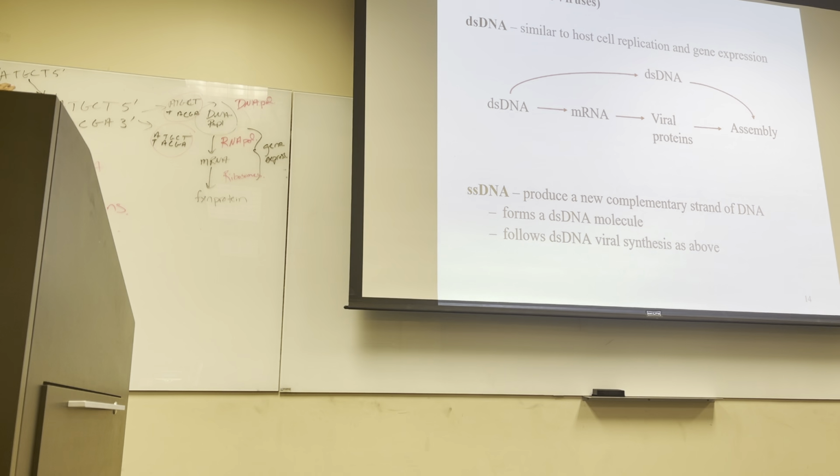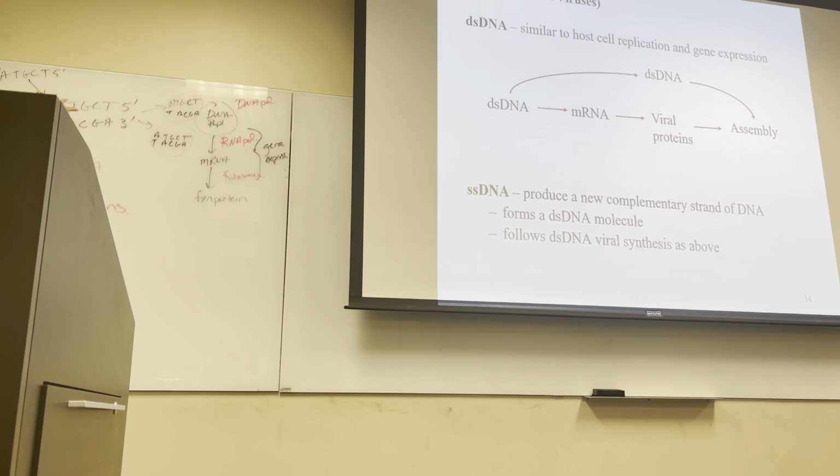Okay, what if I want to form the other side to my single-stranded DNA virus, what enzyme am I going to use? What can make DNA from DNA? DNA polymerase. So the host DNA polymerase will make the complementary side so we have a double-stranded DNA molecule.